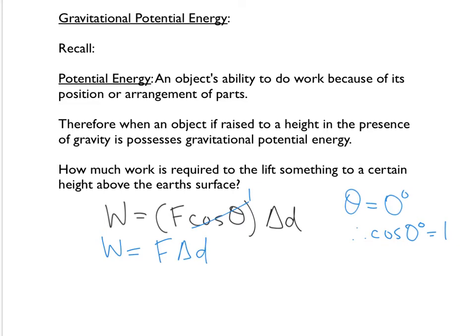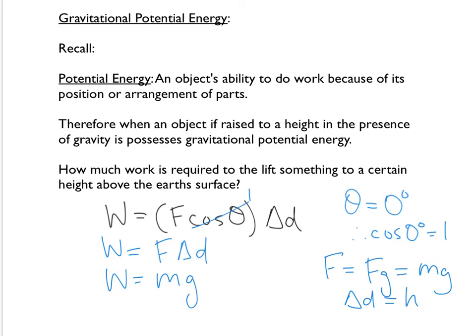As an aside, your force in this case, because we're dealing with gravity and a vertical motion, is equal to your gravitational force, which is equal to your mass times gravity. We also know that your displacement is equal to height, because you're just dealing with vertical distance.